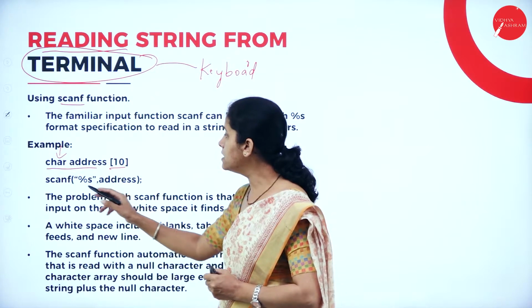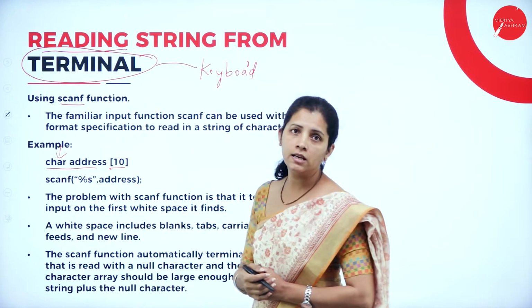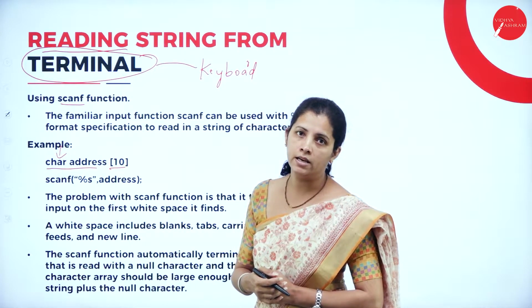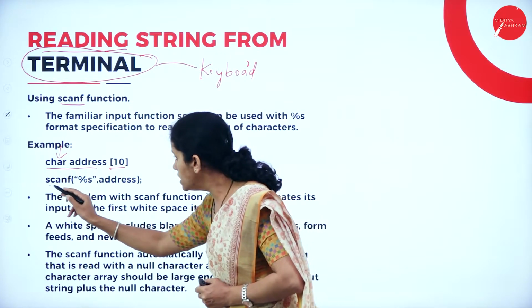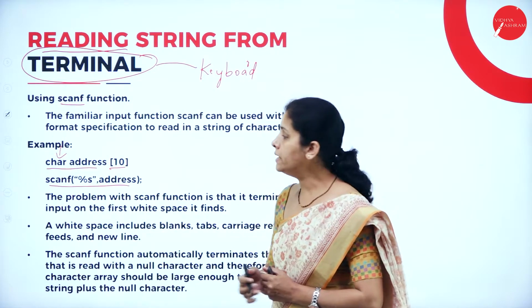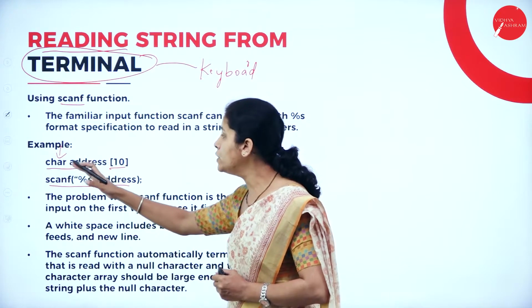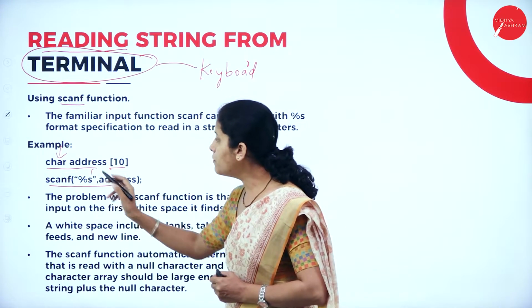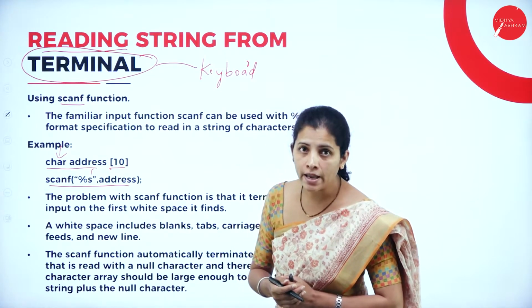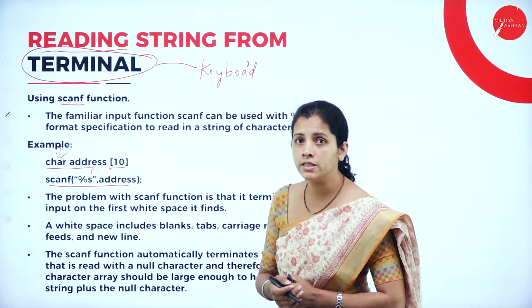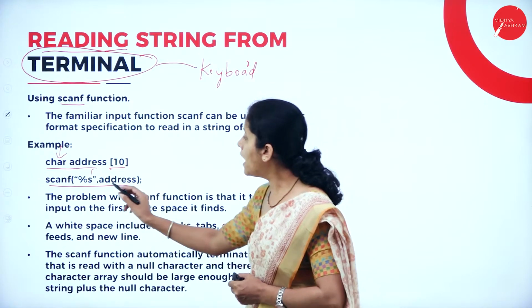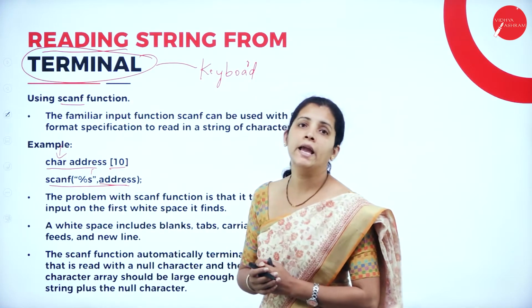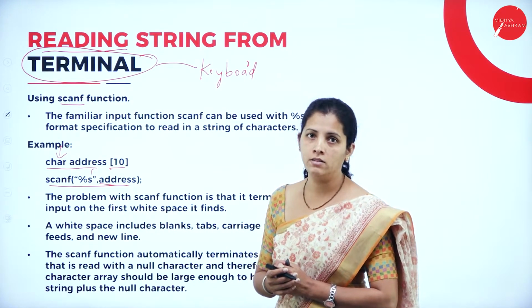For that reason, it is a string. And see the difference here, student: if I use a string in my program, what is the format specifier I'm going to have here for a string?